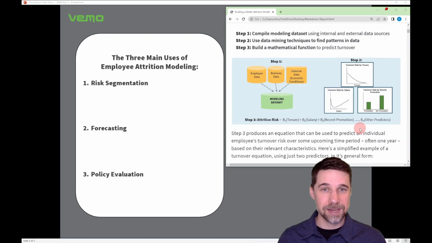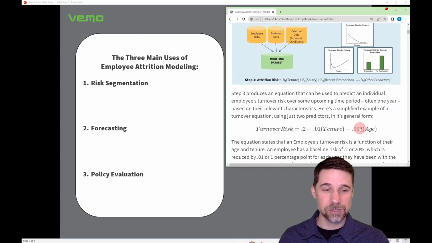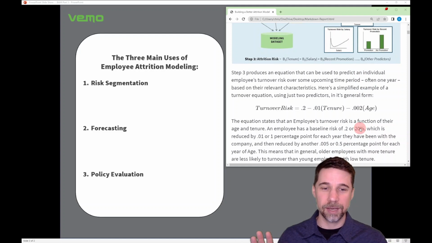So for this next example, let's imagine we have a model with four factors: tenure, age, job type, and location. And I haven't shown this equation, but you can picture what it would look like. It would look like this equation with tenure and age, just with two additional terms, one for job type and one for location. Now let's suppose we use this model to assign a turnover risk to our entire active headcount.